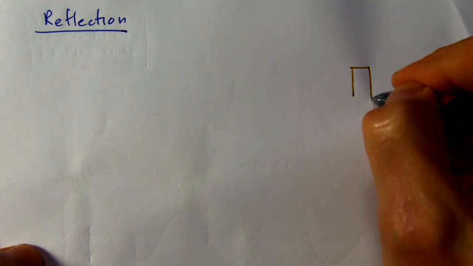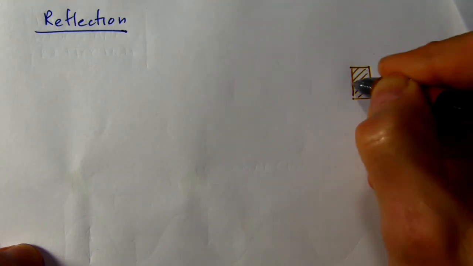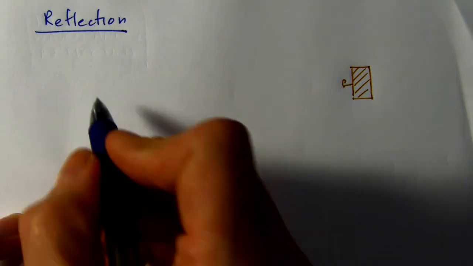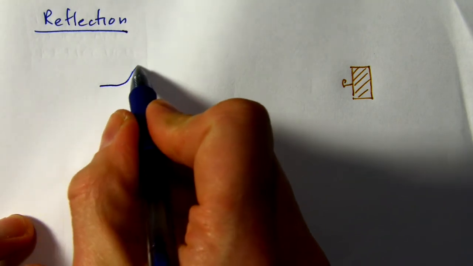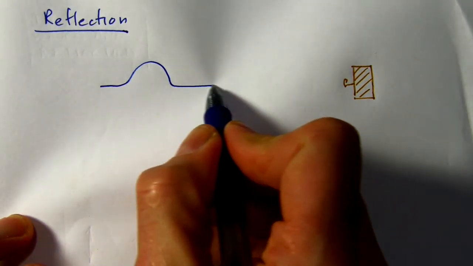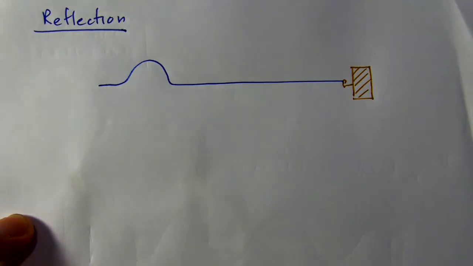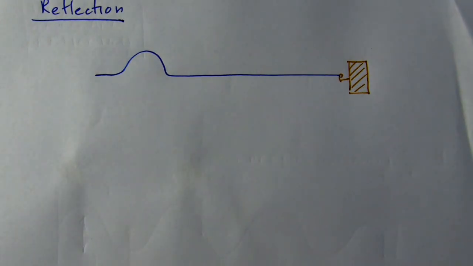We're going to have a video later on about this, but let's take our standard support here. And so we'll draw a block of wood with a hook. And we're going to have a string here. But this time I'm going to put what's called a wavelet. Right? That's a portion of a wave.